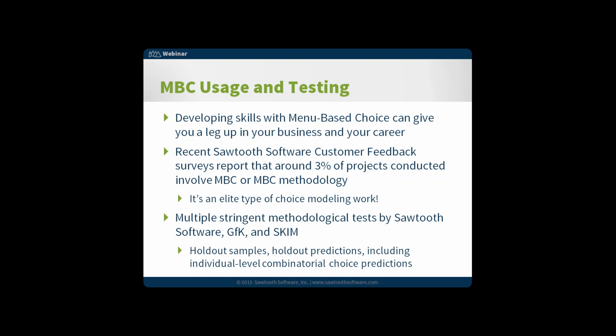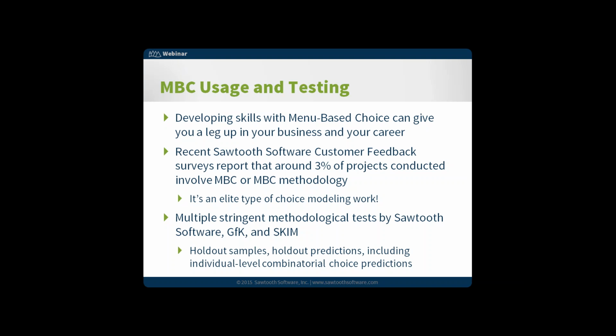that it really is upper echelon stuff. So the recent customer feedback survey that Sawtooth Software did this spring reported that about 3% of the projects that our customers are doing nowadays in conjoint involve MBC or MBC methodology. So it is very much the upper tier, really specific type of research that is really elite.